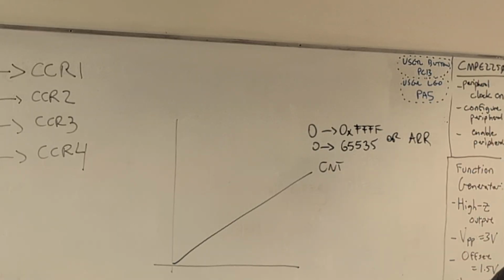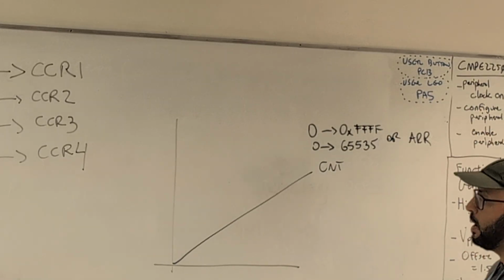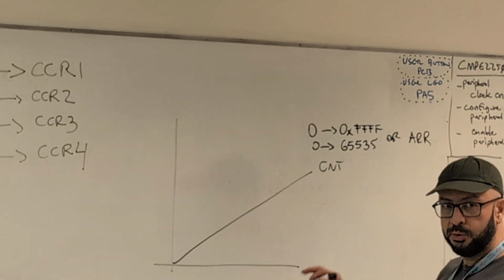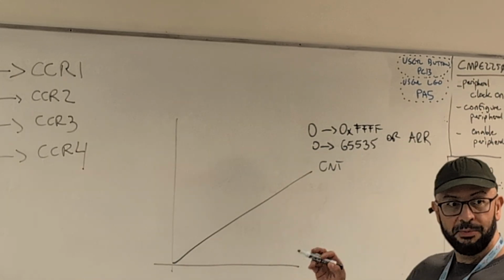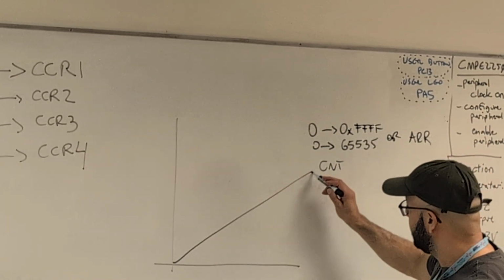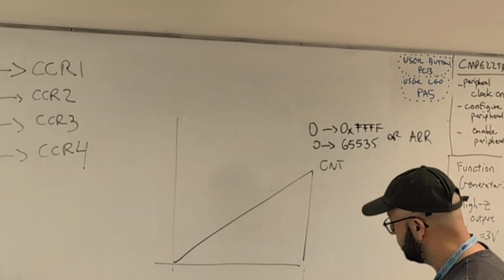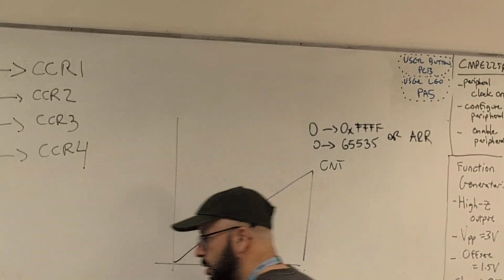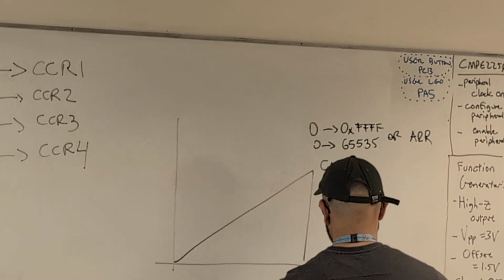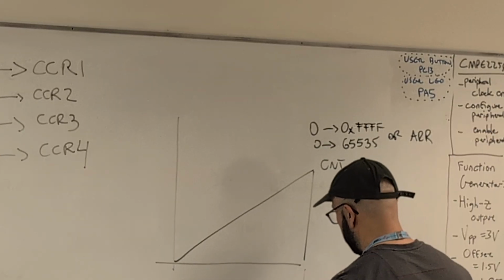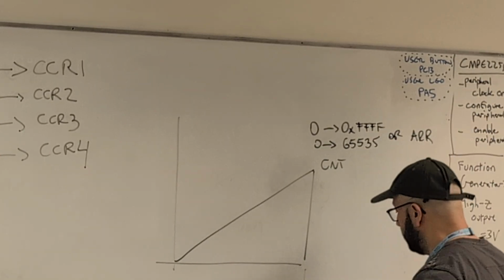Because I could actually make the count roll over first. So right now, the way this is working is with the update event: when the timer reaches the end and then rolls over back, we get the update event flag, UIF.